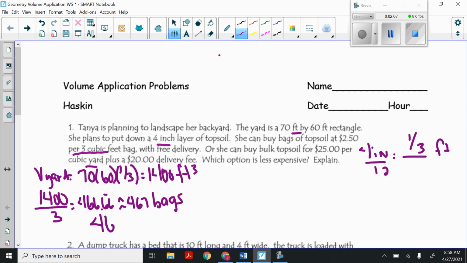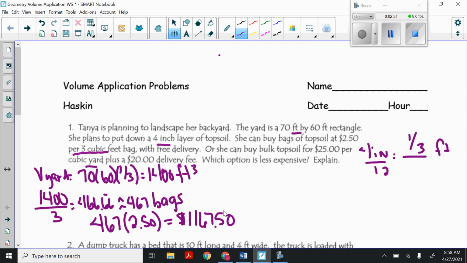So 467 bags times $2.50 a bag, no delivery. When we multiply that out, we get that this option is going to cost $1,167.50.